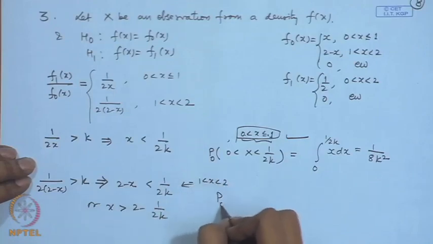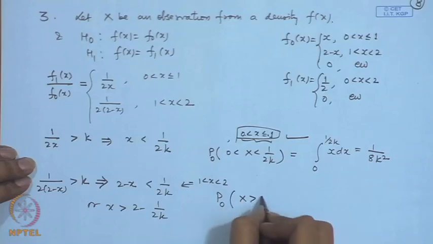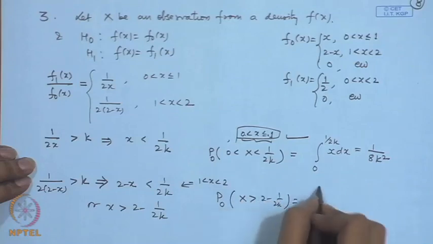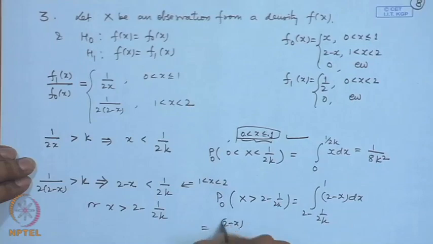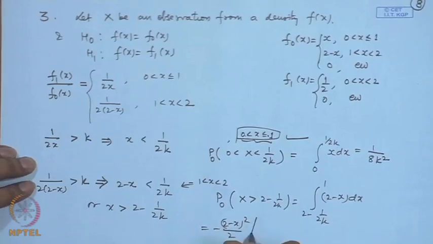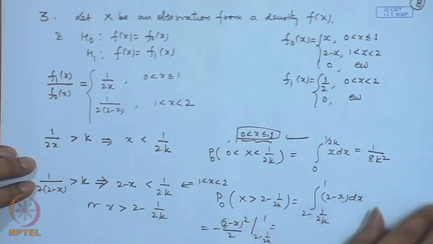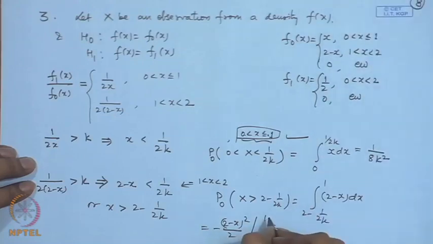So, the probability of x > 2 − 1/(2k) is the integral from 2 − 1/(2k) to 2 of (2 − x) dx. So, that is equal to −(2 − x)²/2, evaluated from 2 − 1/(2k) to 2.